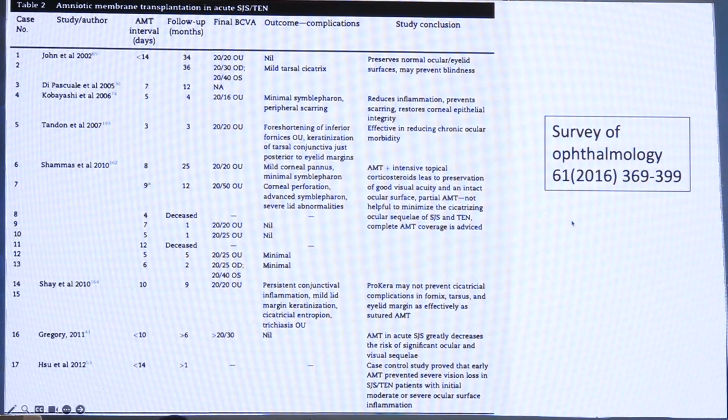And in all the studies, they showed minimal or no complications. Prokera may not prevent these cicatricial complications in the fornix. So Prokera gives only a superficial area, but it will not go deep. Even Prokera Plus won't go deep. So in these cases, the best is that you use this ring or anything like that, which will go deep in the fornix.